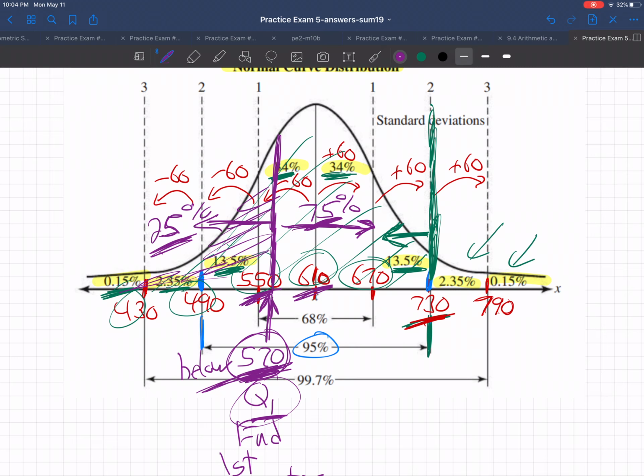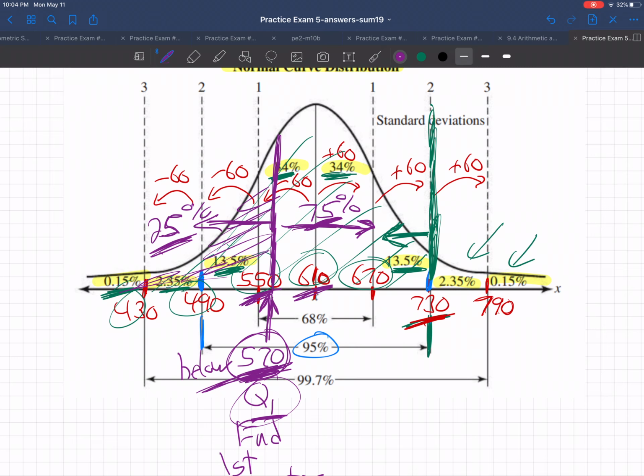35 says the third quartile of the scores is approximately, what's Q3? Well, we have the Q3 formula just waiting for us right there. So what's the Q3? Q3 is mu. Remember what mu was? Well, it's right here. Mu is 610 plus 0.675 sigma.